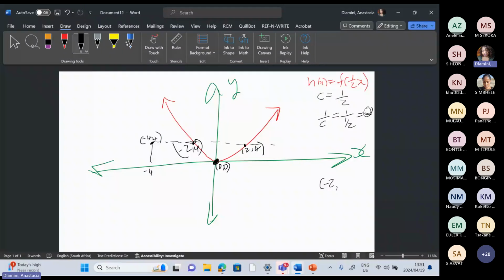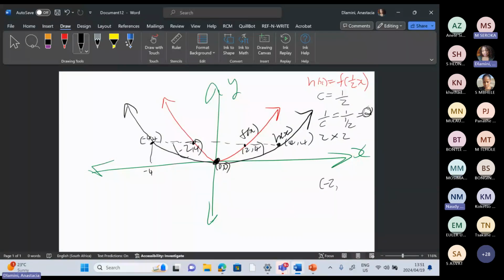And then here, we multiply 2 by 2, which is 4. So it's 4 and 4. Then that's your graph of h of x. This is f of x, the parent function. Are we together, guys? Yes, ma'am.